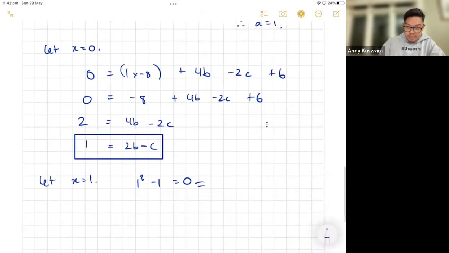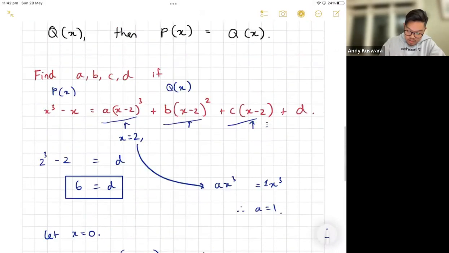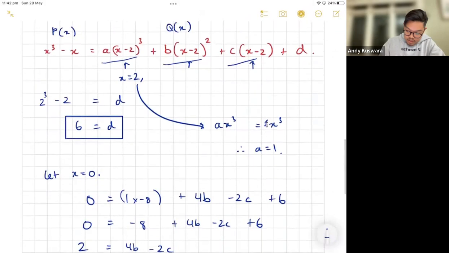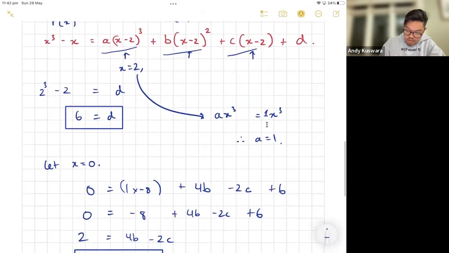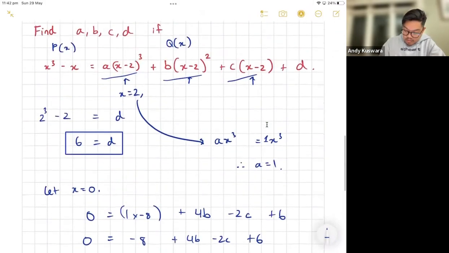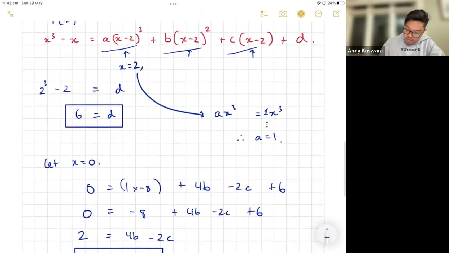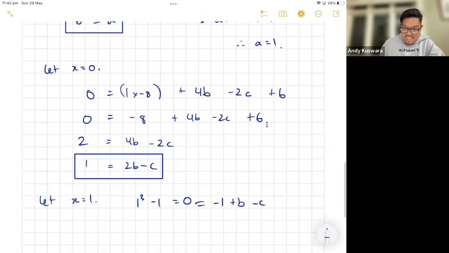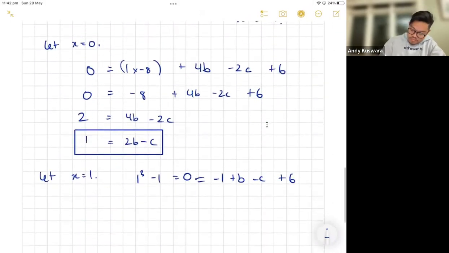So 0 is going to equal 2. You're still going to have that -1 from the a. And then you're going to have 1 take away 2. That's -1 squared, which is going to be plus b. You're going to have 1 take away 2, which is -1, minus c. And then you got your plus 6. All right.